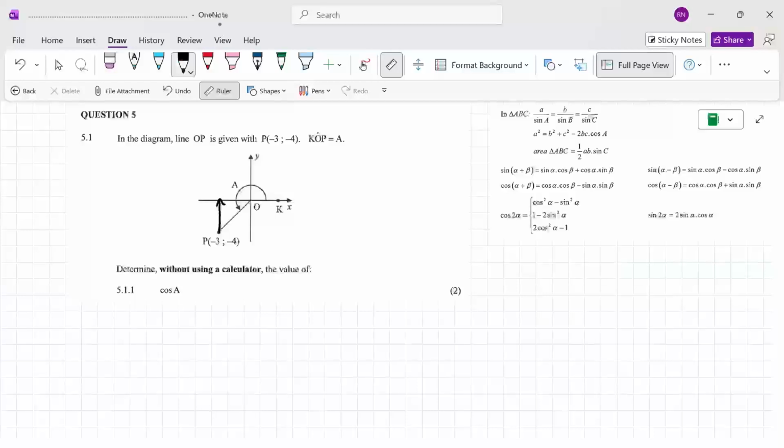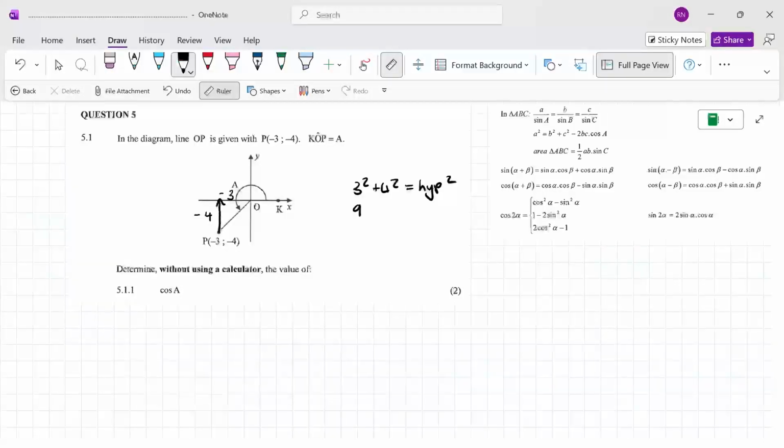Okay, and we can draw the size of this triangle. You know that if this coordinate is at minus 3 and minus 4, it means that it's moved this way 3 times and it's moved down 4 times. So you can write this as 3 and 4, but because they're in the negative x-axis, it has to be minus 3 and minus 4. And then you can use Pythagoras: 3 squared plus 4 squared is equal to the hypotenuse squared.